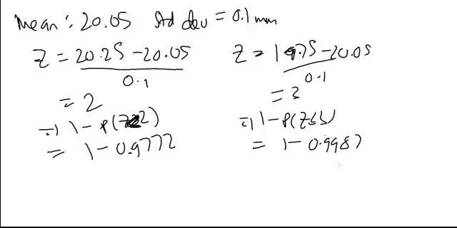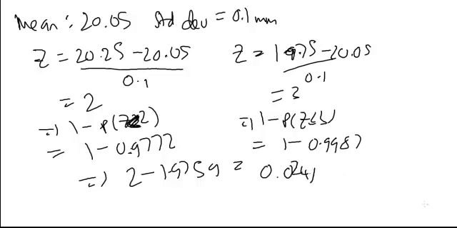You can see the number that are going to be rejected for being too small is very small, while the probability that it's going to be too big is a lot bigger. So when we add this up, we get 2 minus 1.9759, which is 0.0241.